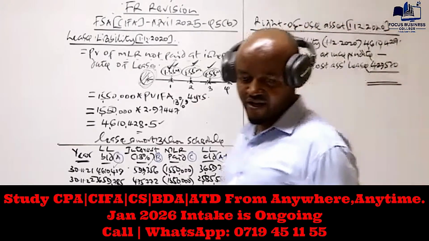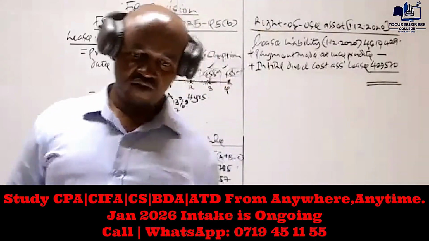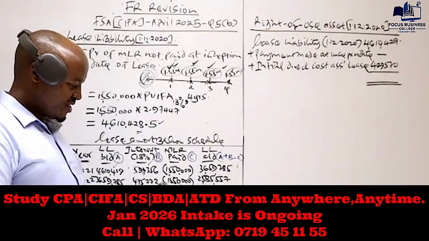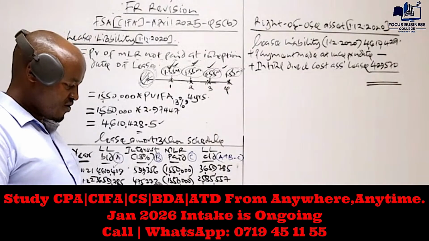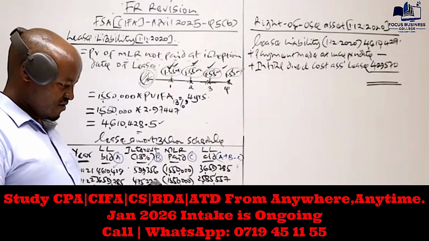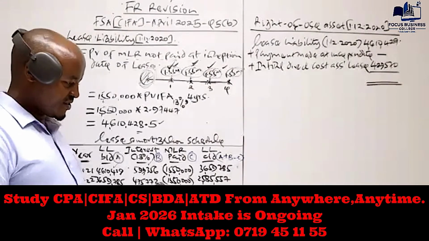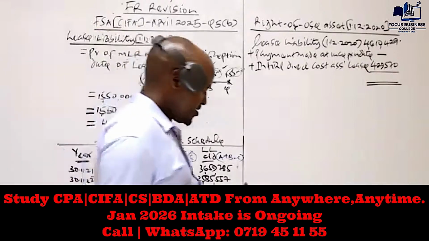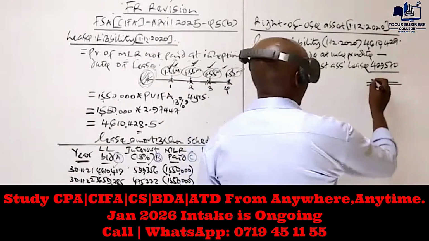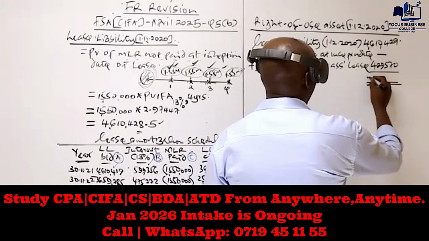So we add those two values and we get now something called the right of use asset. So the right of use asset will be 4,610,429 plus 429,570. And basically we get what here? We get 15.